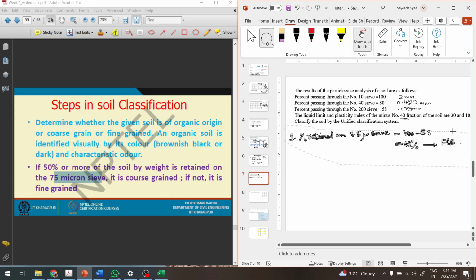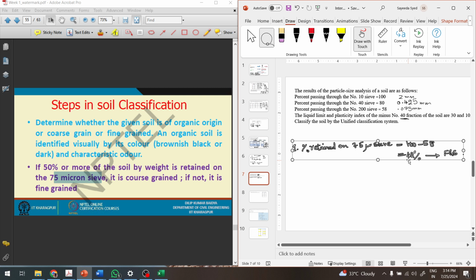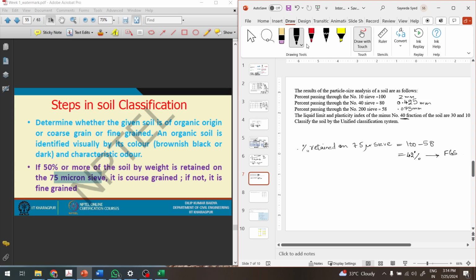If we move on based on what has been taught in class, the first part is soil is not of organic origin.